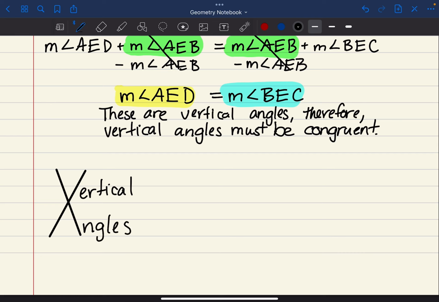And we can use a congruence mark to help us make the A. And we can still read it with the congruence mark on the V. Vertical angles, that's how I remember that they are congruent, and how I remember what they look like.